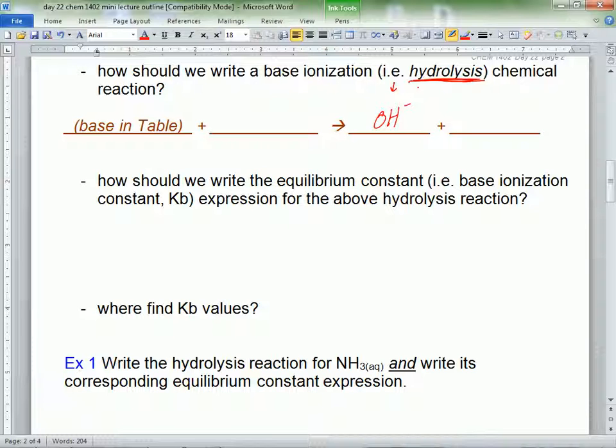So when we write these, they're called hydrolysis reactions. We don't call it dissociation because the OH isn't falling off. That base has to react with something. What is it reacting with, Erica? What is it reacting with? All these reactions, all this hydrolysis stuff, it's all occurring in water.